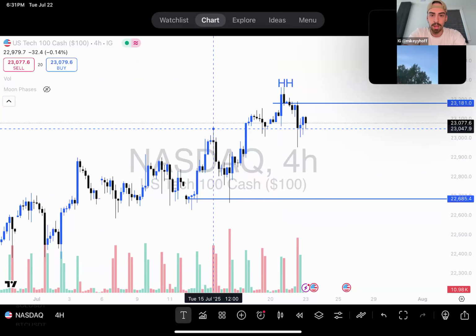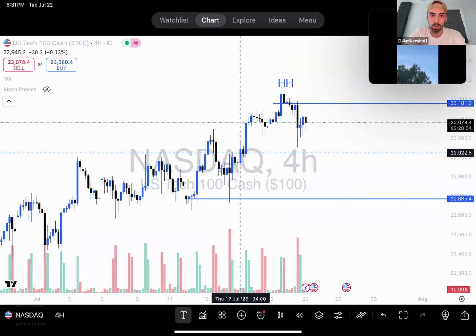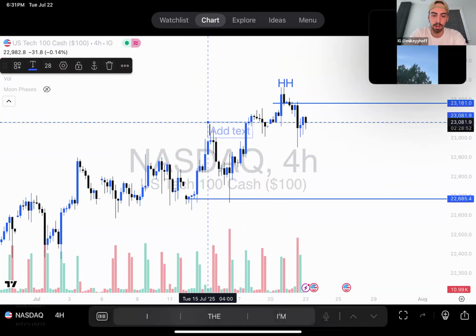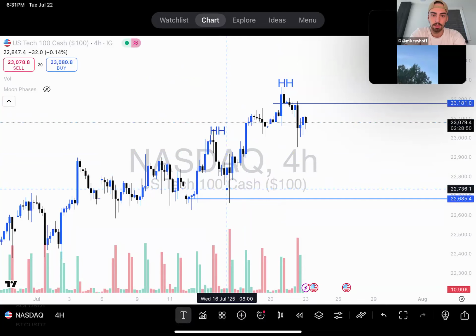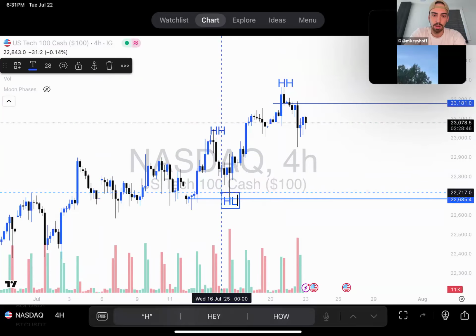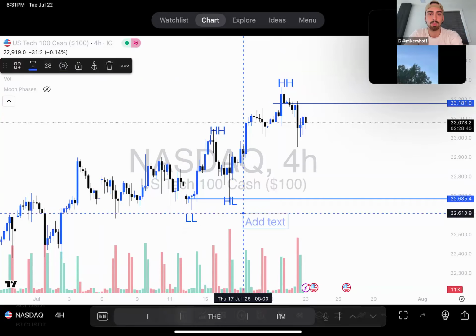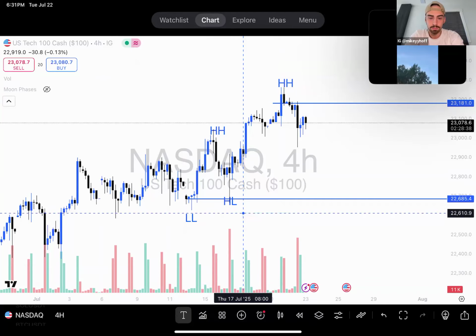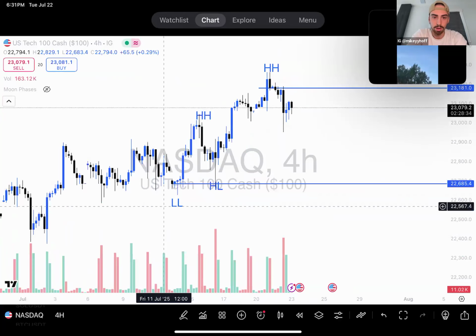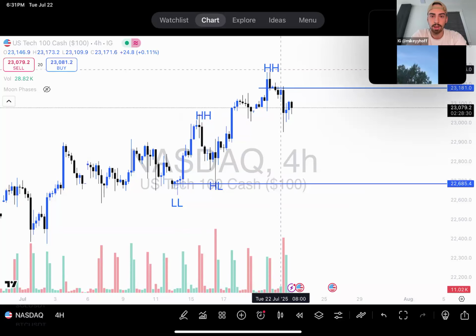Then, most recent to price, we also have a higher high right here, followed by a higher low, and then our lower low, which was the lowest point that the market reacted out of before giving us those other areas. So we have our low point, higher low, and higher high.